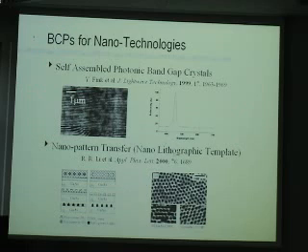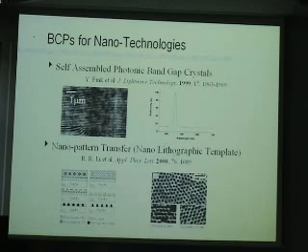Another example of using this block copolymer is nano pattern transfer application. We just call this one nano lithography template application. In this particular case, the people use the sphere forming block copolymer and then self-assemble and then remove this one using ozone or UV treatment, and then using the reactive ion etching, and then transfer this pattern to the substrate you're interested in.